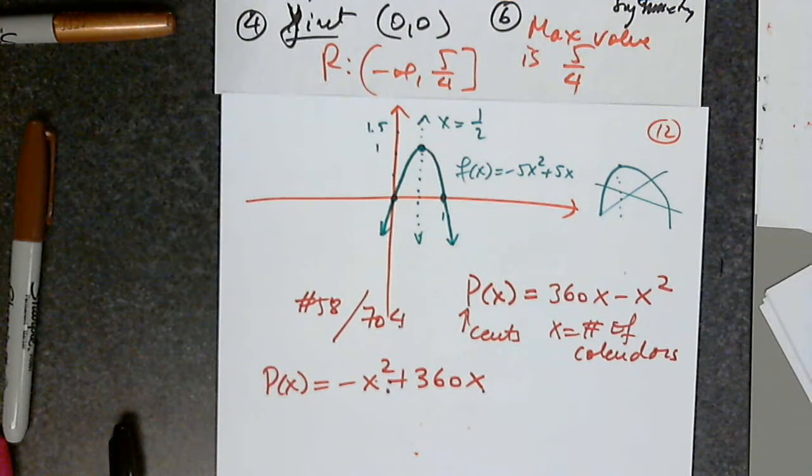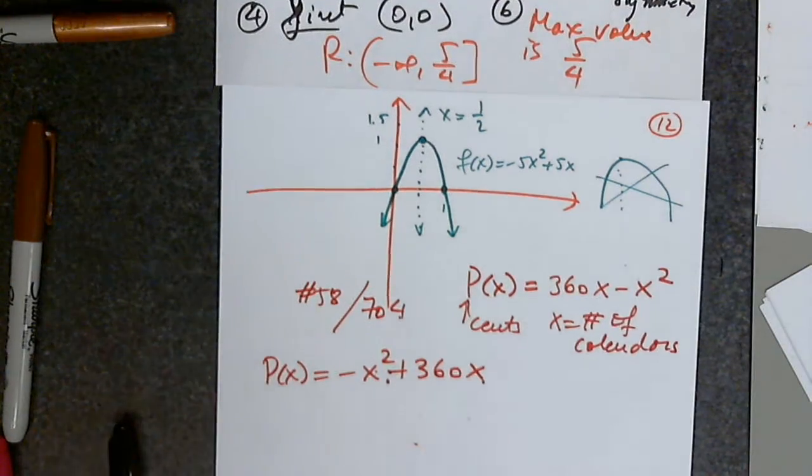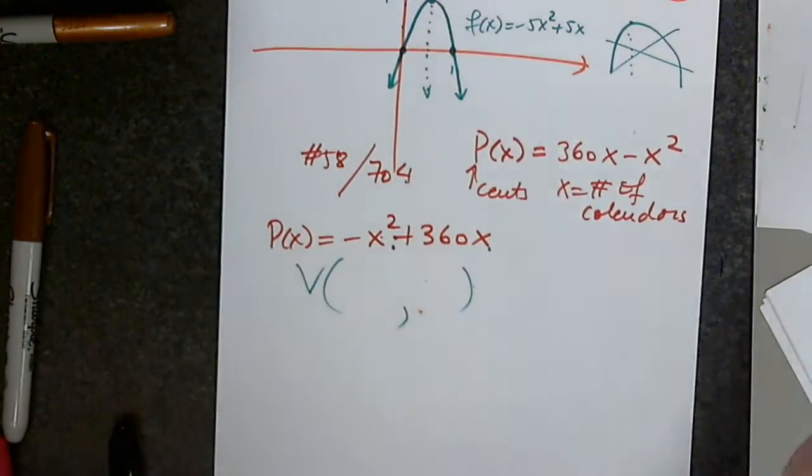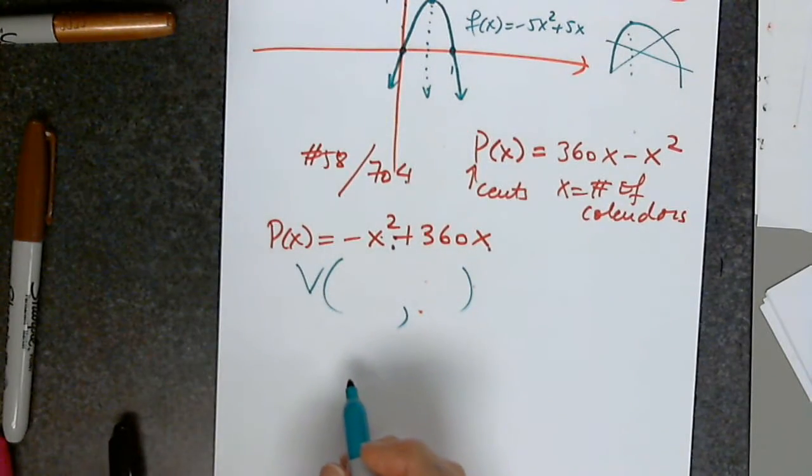I'm asked to determine the number of calendars that will create a maximum. What do I have to do? Exactly. Find the vertex. Good. How do I find the x-coordinate of the vertex?